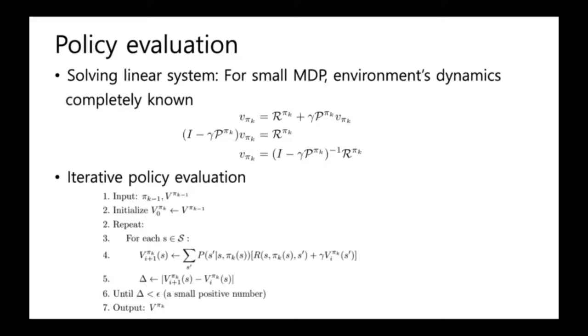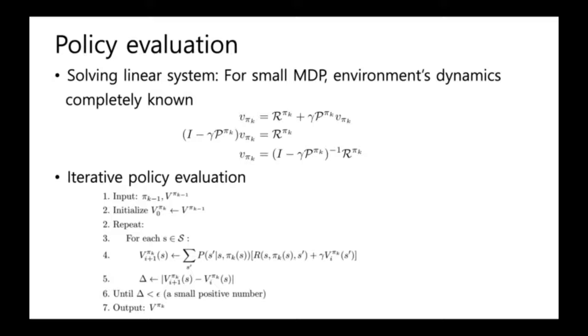In the policy evaluation, the value can be computed by solving a linear system of equations. This method applies to small MDPs, and we need to know all the information of the environment, such as the transition probability and reward during transition.